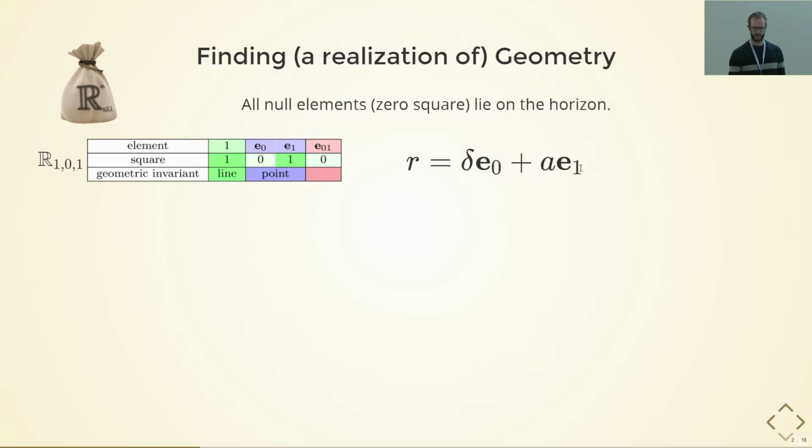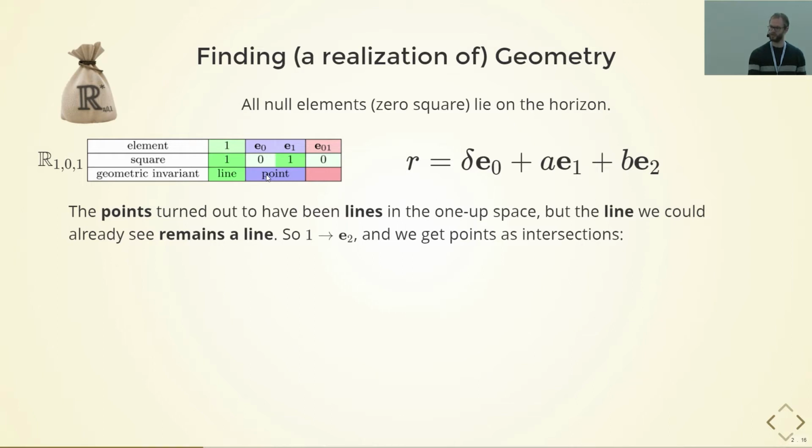And e1 is the point at the origin, and you can mix those two to make any point on the line. But it turns out that these points I was looking at in this 1D algebra were actually lines all along, as I just showed, but the line I was already looking at in 1D will remain a line.